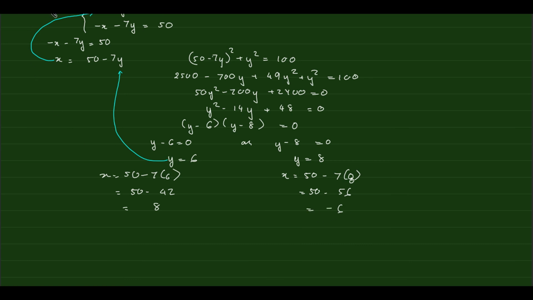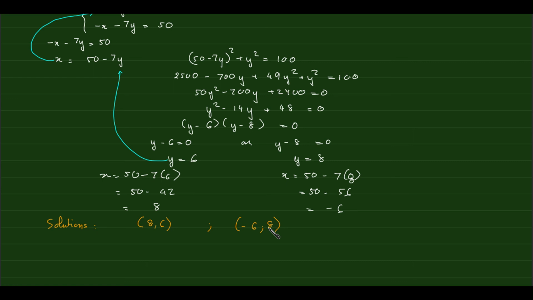Alright, so you have two solutions. The first one will be (8, 6), and the other one will be (-6, 8). Okay, that's how you do substitution.